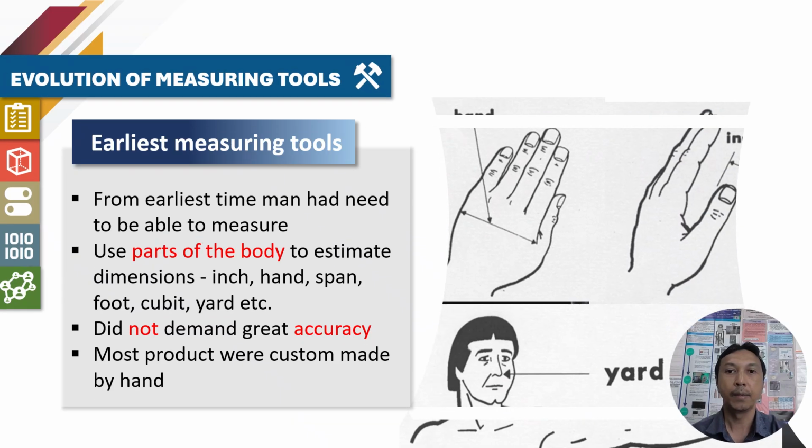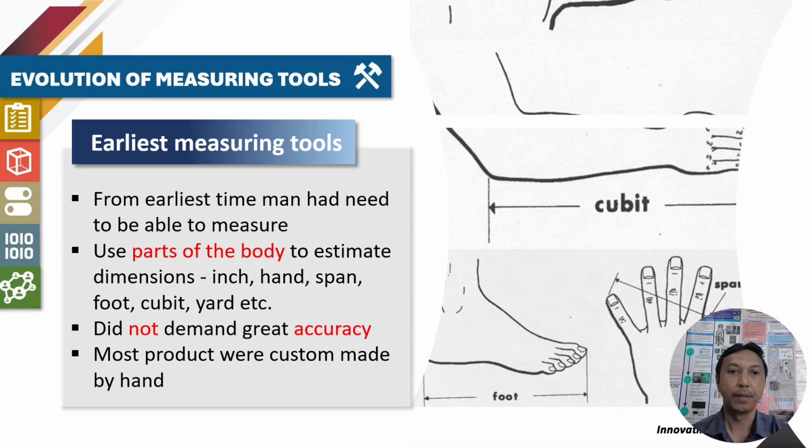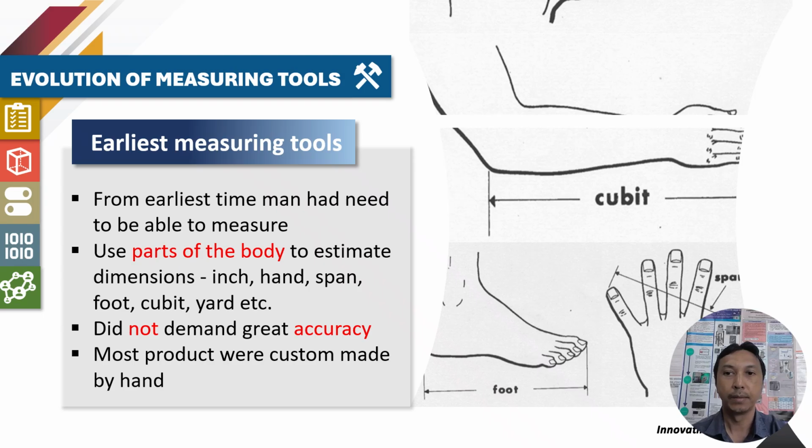In the earliest times, people already needed to measure things, but there were no standard tools. They used parts of the body, like an inch from the thumb, a handspan, a foot, or a cubit, to estimate dimension.